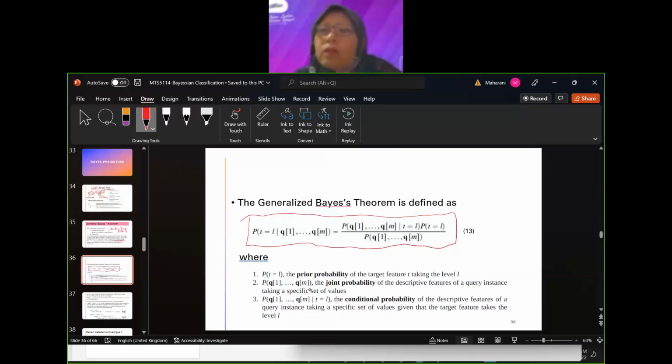Exactly the same as the original one, but the difference is only the Q1, Q2 until Qm.